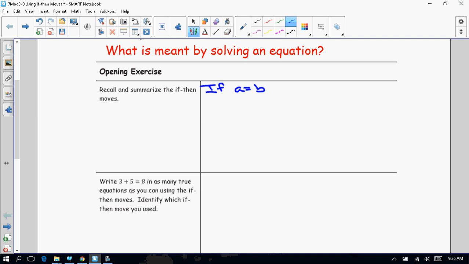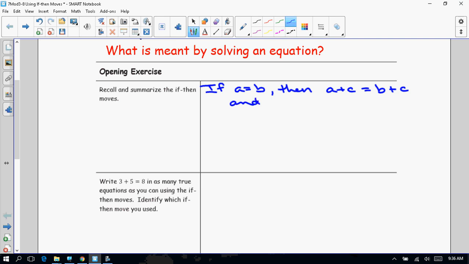So if those two sides are equal, for example, 2 plus 3 equals 4 plus 1, those are equal to each other. Then A plus C, if I add something else to it, is equal to B plus C. They were equal a minute ago.